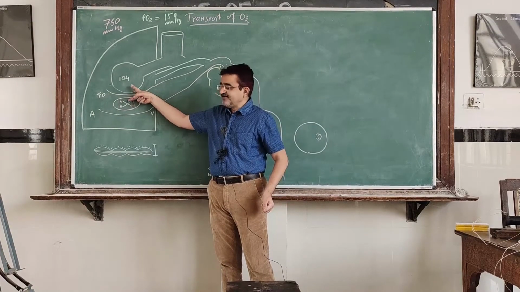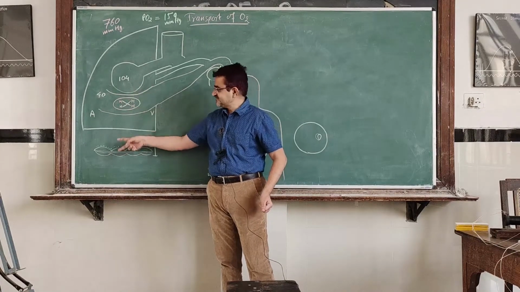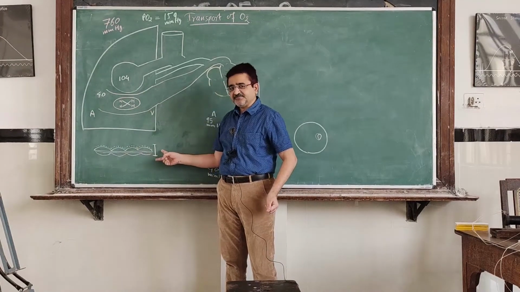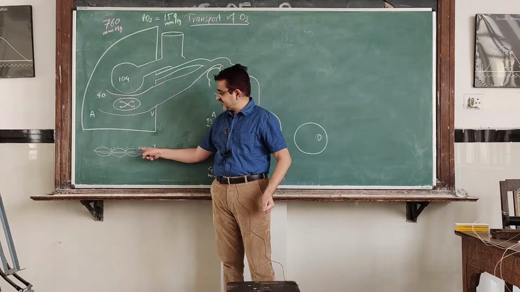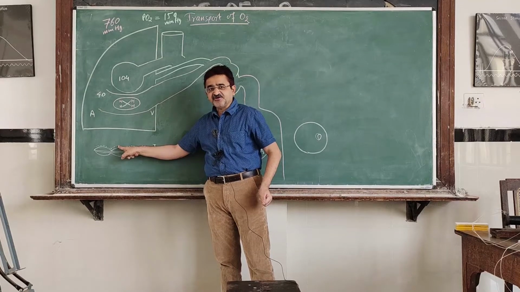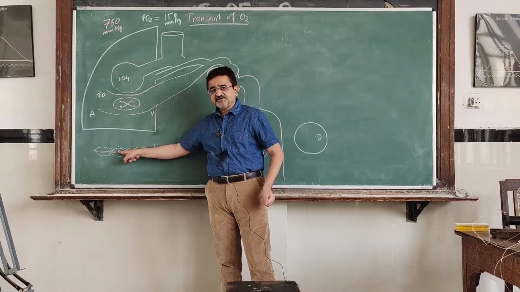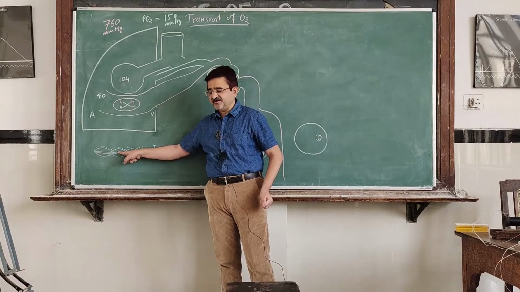If we magnify this and see under the microscope, how does it look? This is the picture of the respiratory membrane. On the alveolar side, it is lined by fluid known as alveolar fluid. Below it we have the epithelium of the alveolus, that is type 1 cells of the alveoli.